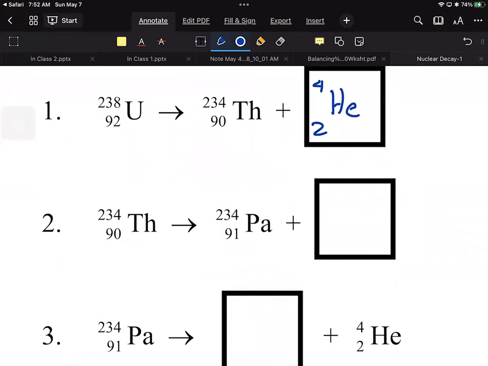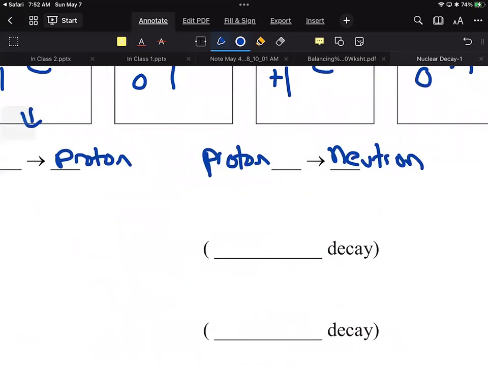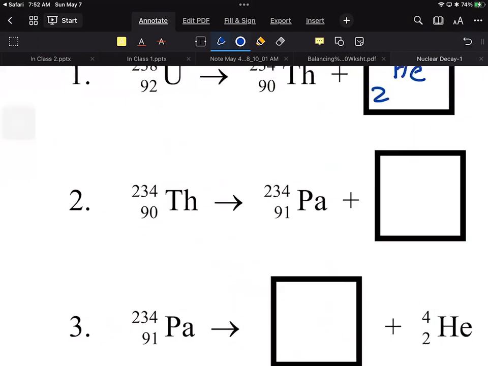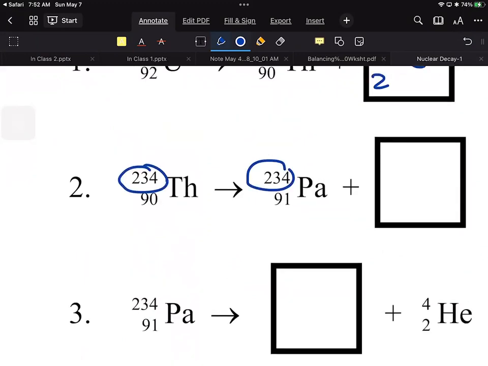The second one will be called alpha decay. All right, the next one: 234, 234, 234. Nothing's being changed here. For the bottom number, it goes from 90 to 91.